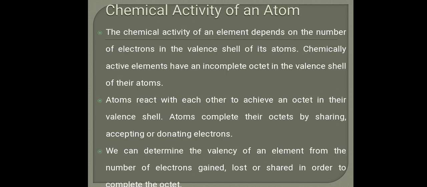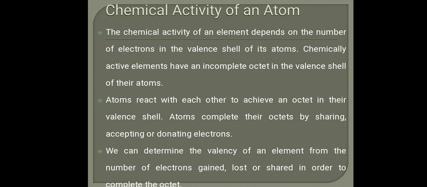Chemical activity of an atom. The chemical activity of an atom depends on the number of electrons in the valence shell of its atoms. Chemically active elements have an incomplete octet in the valence shell of their atoms.